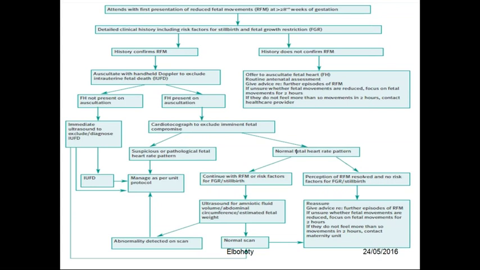If not present, you need to reassure the woman. If there is recurrence, you need to do more frequent assessment, and according to the gestational age, the associated growth restriction, liquor volume, there are many things you can offer here at the left.